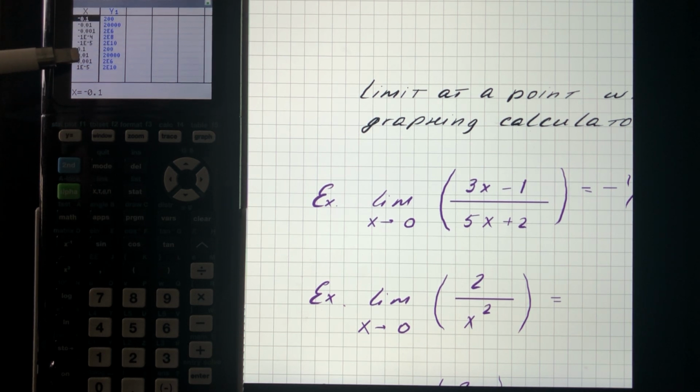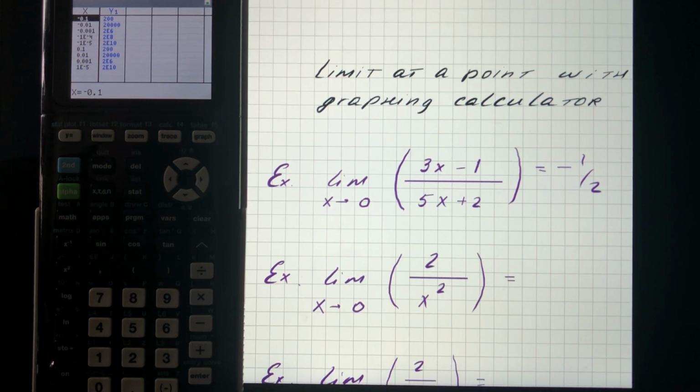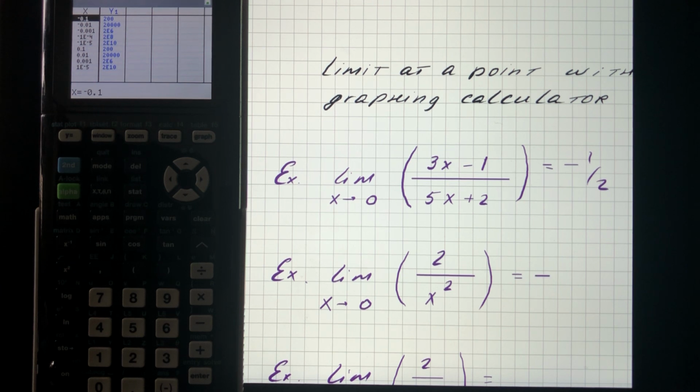As we go to 0 from the right side, we also see the same picture. The numbers are getting to be huge really fast. And so from both sides, the values are approaching infinity, positive infinity. And that is the final answer to our question, and we'll write it again right here on our note. So the answer is positive infinity using the calculator.